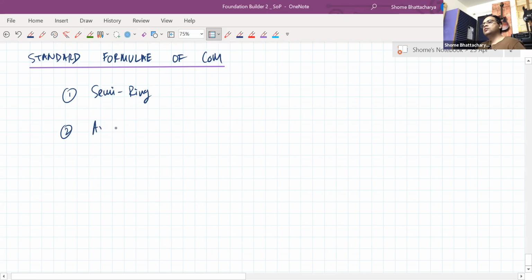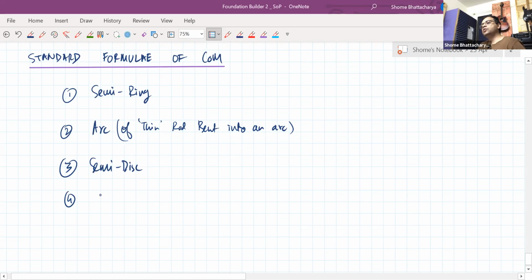Arc of thin rod bent into an arc. Then semi-disc, then solid cone, then solid hemisphere.